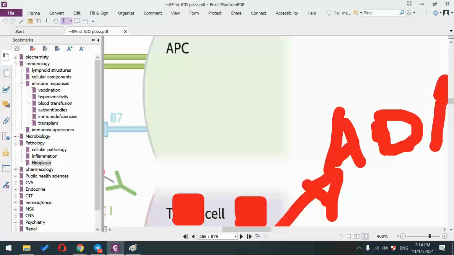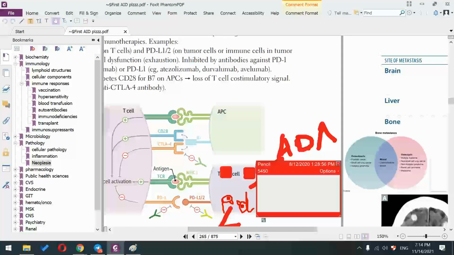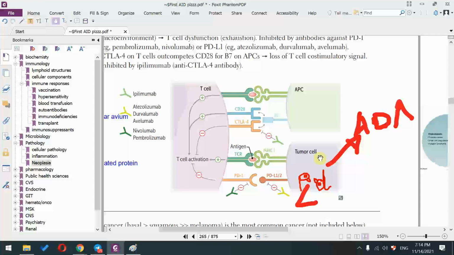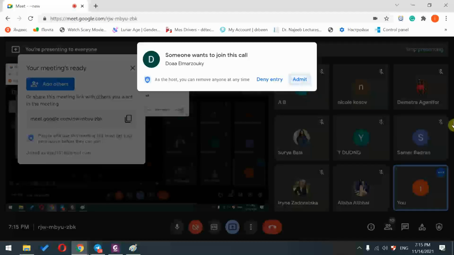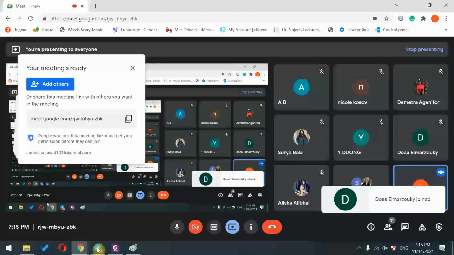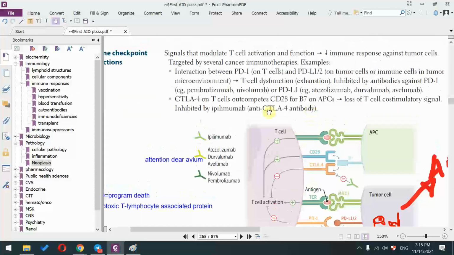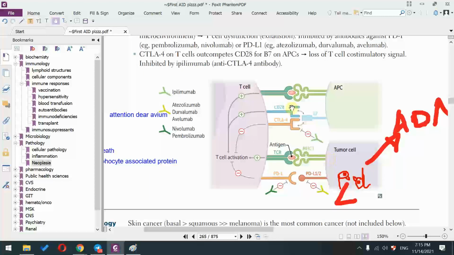So what do we have here? Just a second, let me clean this up. Yep. So here we have a tumor cell, okay? And here we have an antigen presenting cell, and here we have a T cell. So these three cells are where a person was able to get a Nobel Prize.